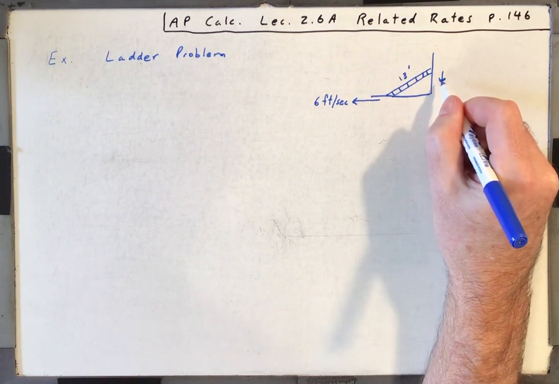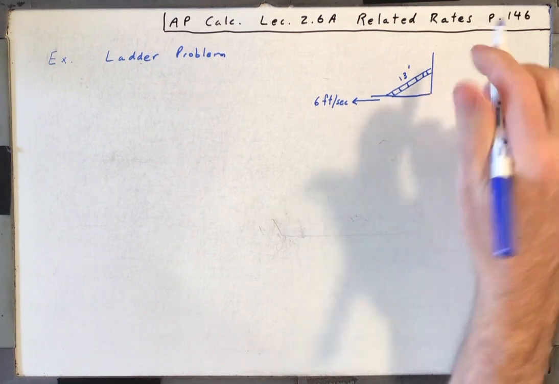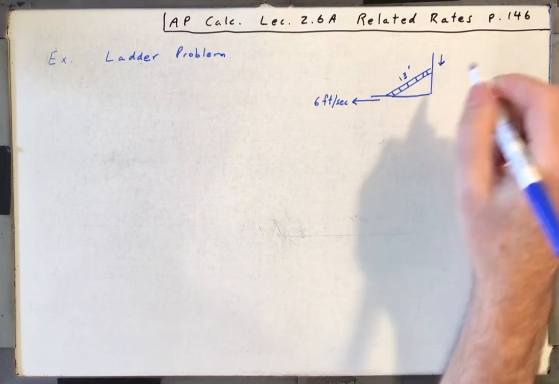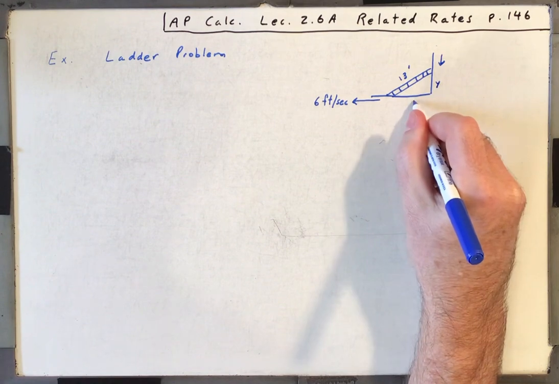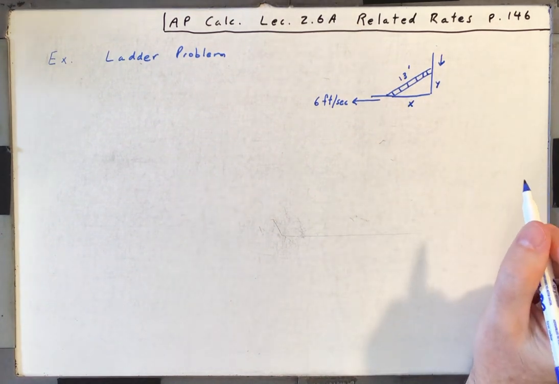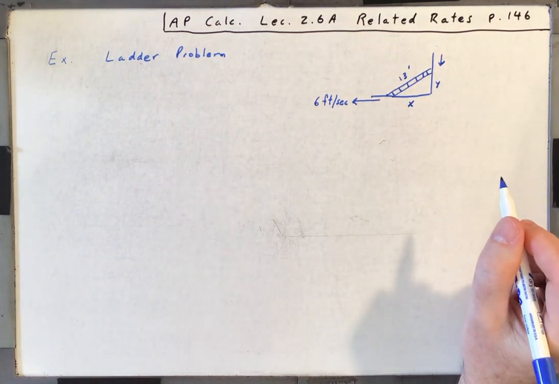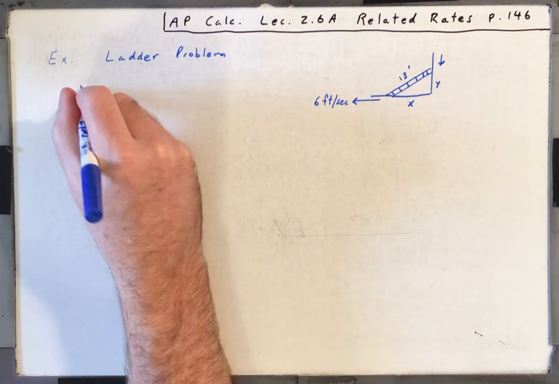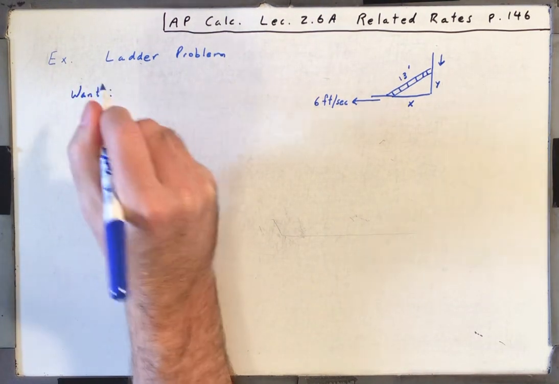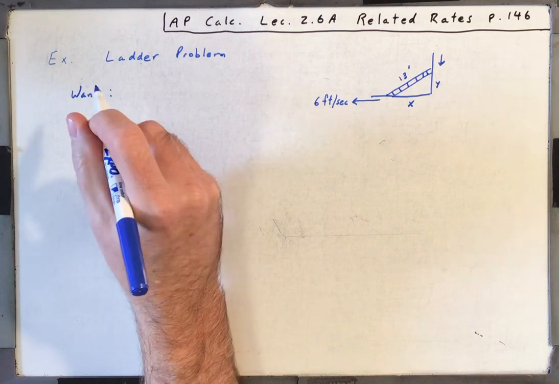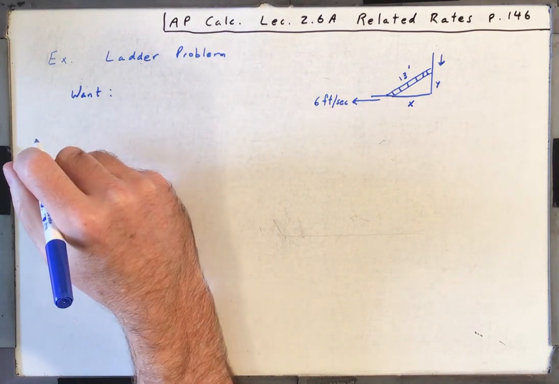Let's call this length, in fact, I'm going to draw that up here, y, and this length x. Okay, so what do we want in calculus terms? How fast is the ladder falling?